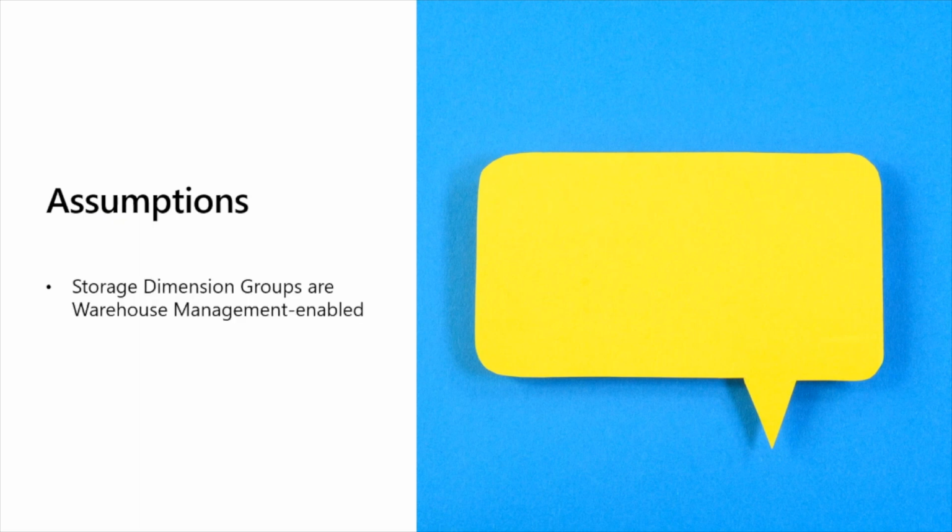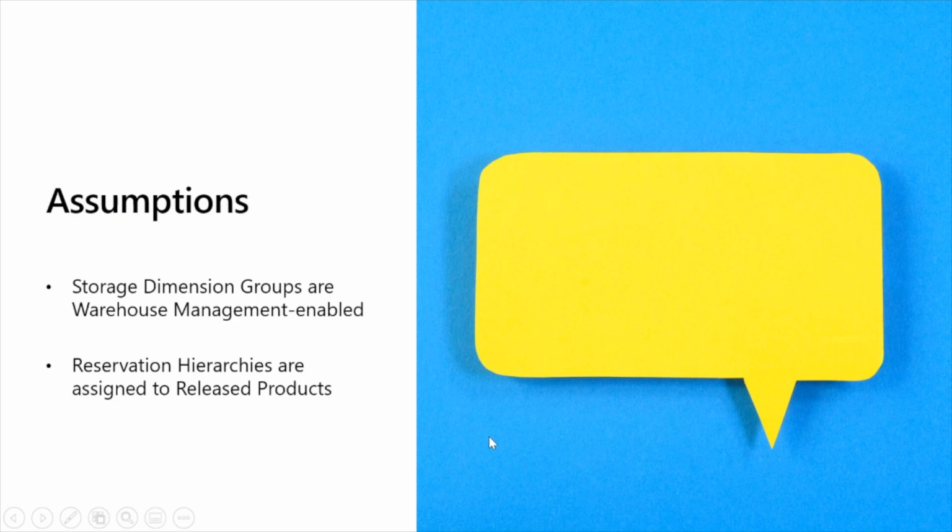So we have a storage dimension group on the product that would be warehouse management enabled that allows us to transact that item in a WMS enabled warehouse. Along with that, we would have a reservation hierarchy that's been configured and assigned to that release product. The reservation hierarchy will not include any tracking dimensions.